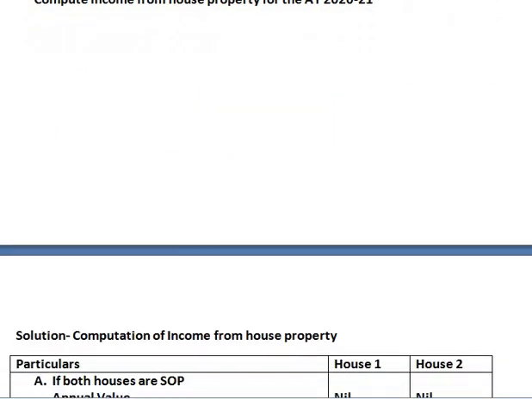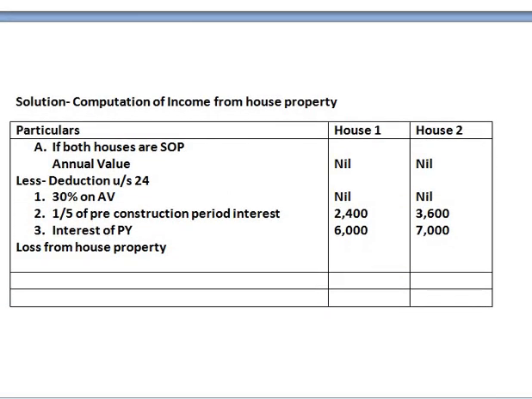So the loss from house property 1 is, show the loss in the bracket. Bracket indicates a negative figure, that is minus figure. Loss from house property 1 is 8,400 and loss from house property 2 is 10,600.